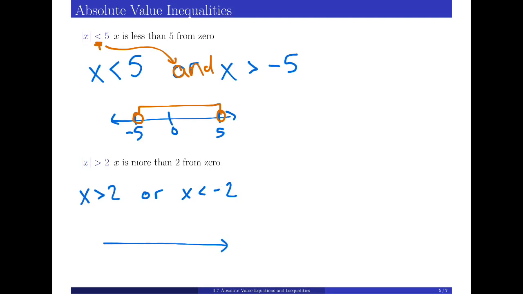When we graph that, negative 2, 0, and 2, we're more than 2 away from 0 on either side, so that one ends up being an OR. So if an absolute value is greater than, then you end up with an OR of inequalities. And just like the equations turned into 2 equations, it turns into 2 inequalities.